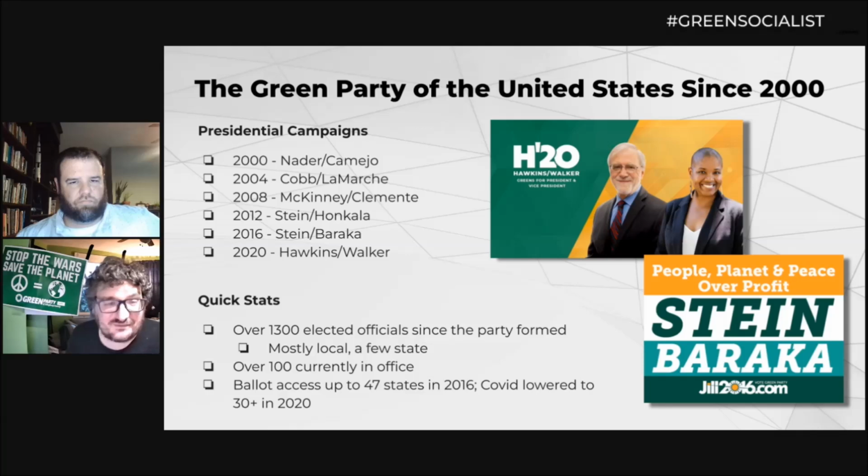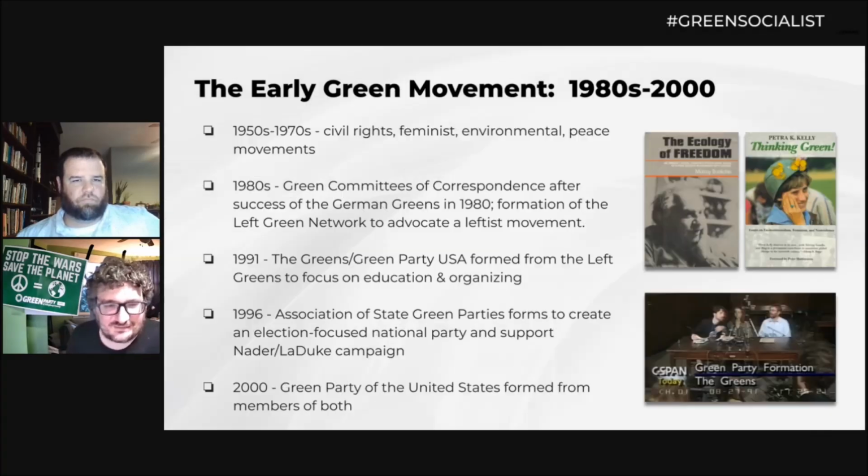Because of that history, you could see how both the activism and the electoral sides literally merged together to form the Green Party of the United States. So it's always been in the history and the DNA of the party to have those two wings and to try to merge them together, try to see how you can use them together to grow a movement.